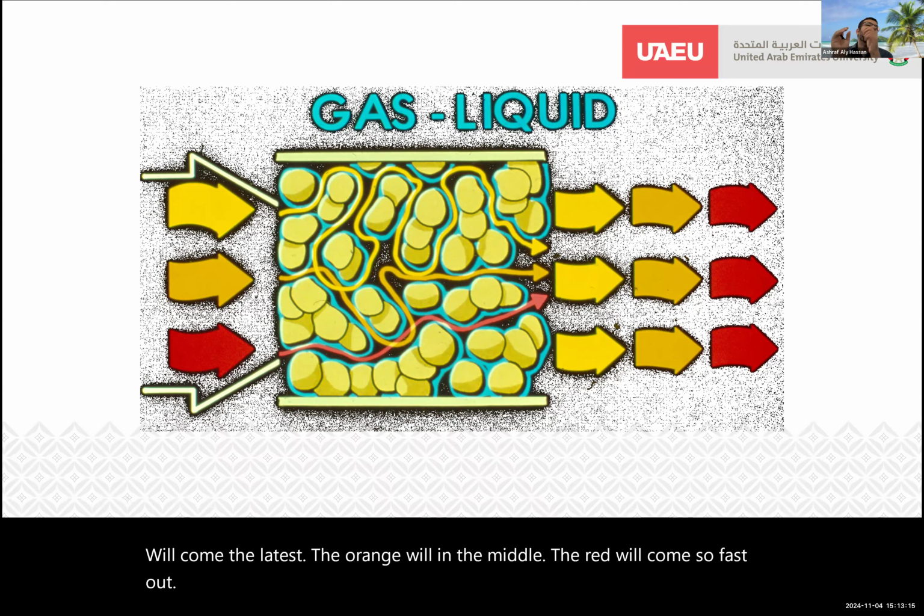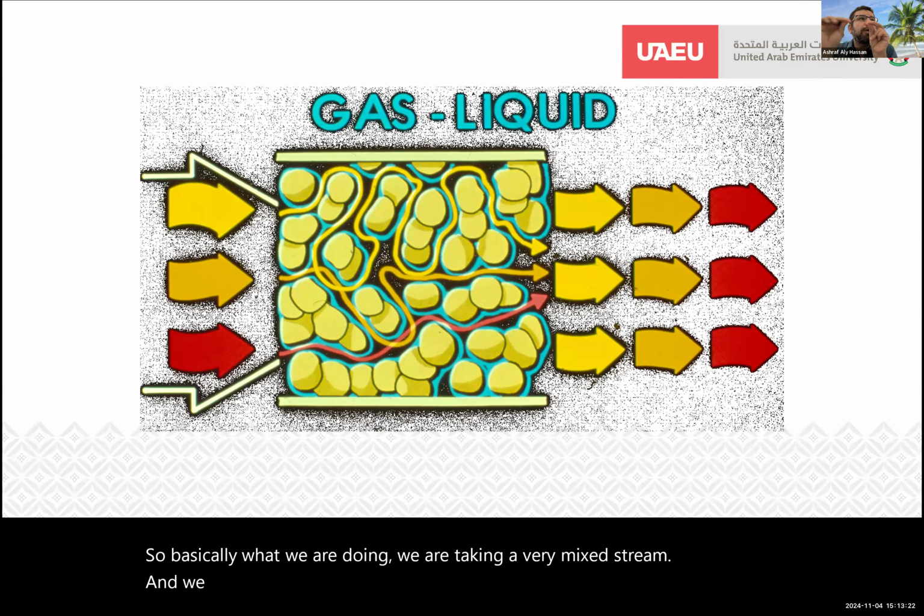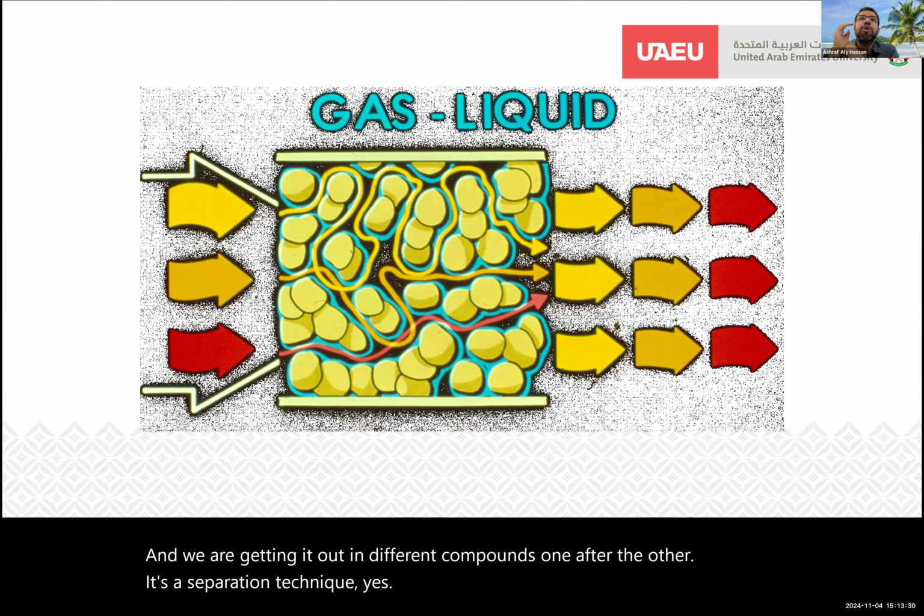So basically what we are doing, we are taking a very mixed stream and we are getting it out in different compounds, one after the other. It's a separation technique, yes. This is what the chromatography is.